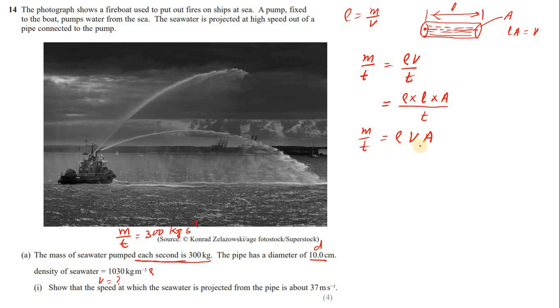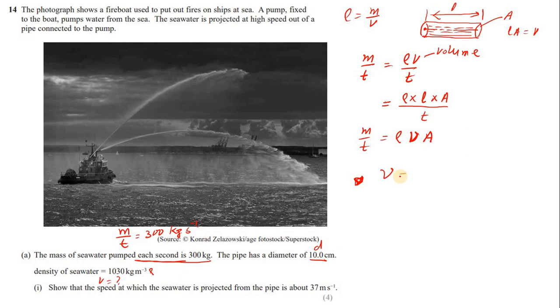Now you need to find speed. Remember I'm just changing. This is V, which is volume, and this should be a curly V so that you can understand the difference. This is a small v, or you can change the symbol, but this v is the speed. So make v or speed the subject.